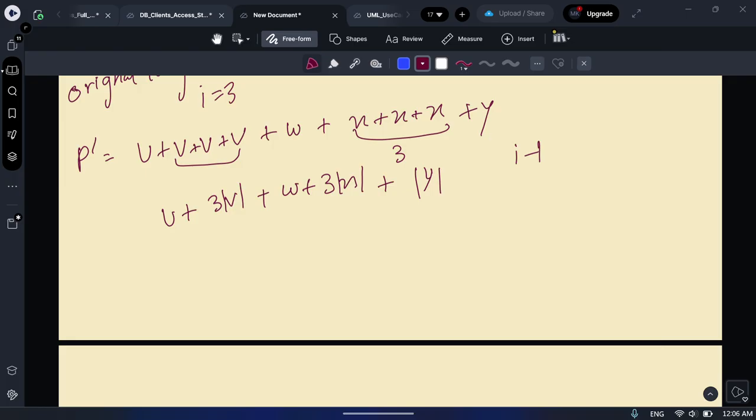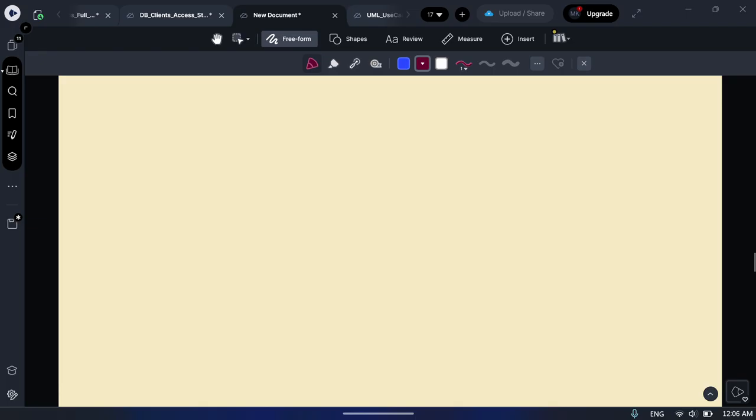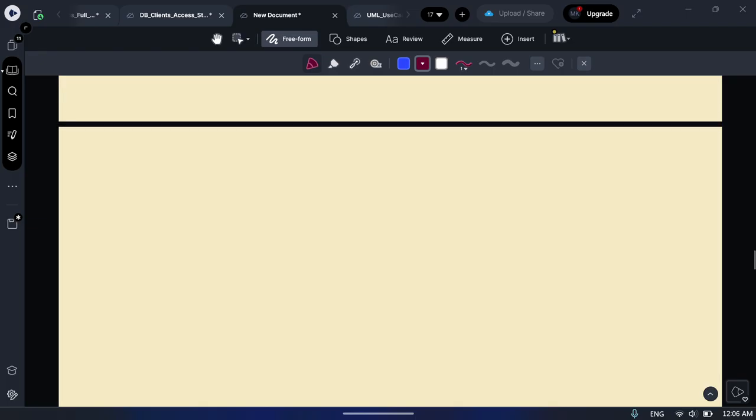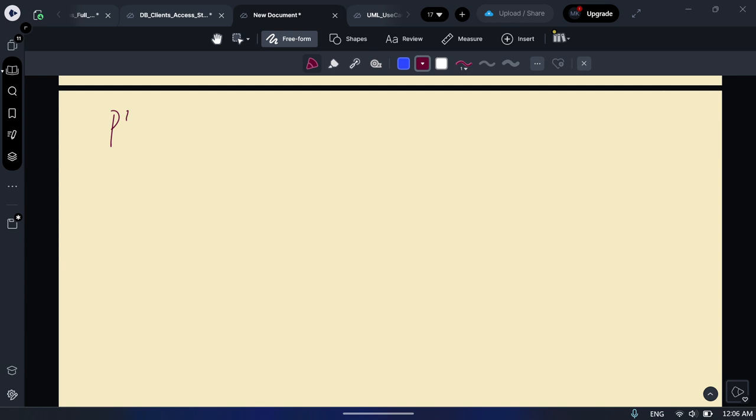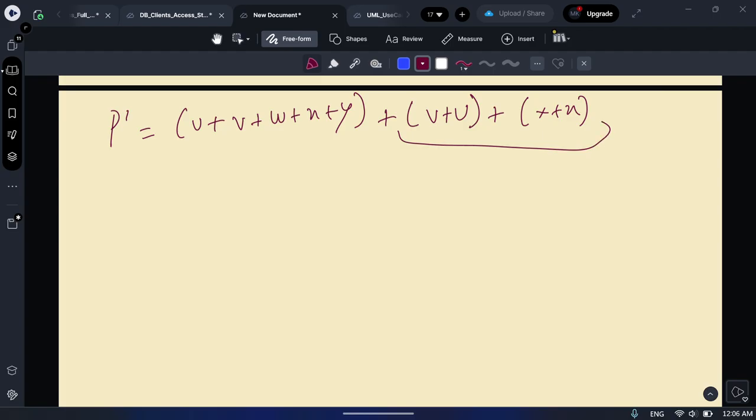Let's rearrange the letters of our pumped string and group the original pieces together. What we get is U plus V plus W plus X plus Y, and that gets added to V plus V plus X plus X. These are our extras.